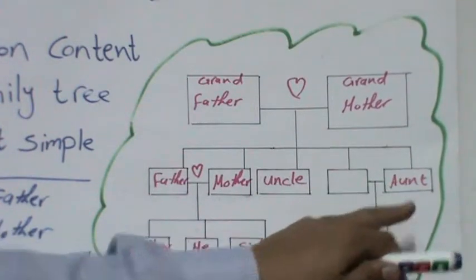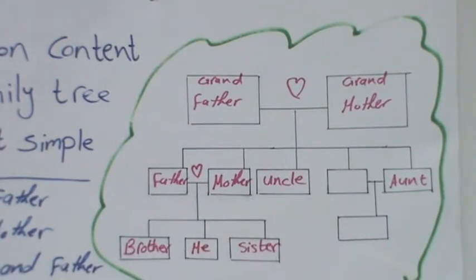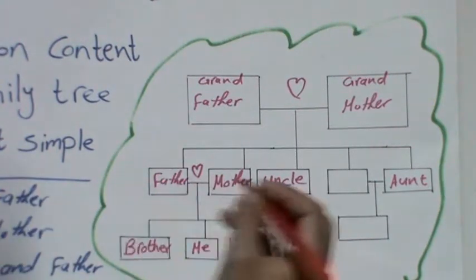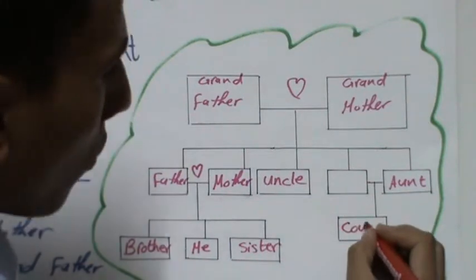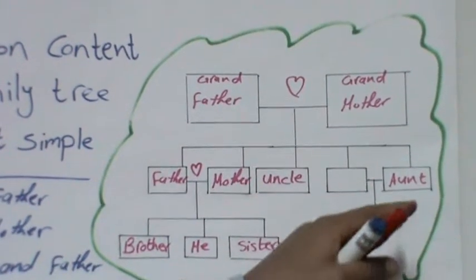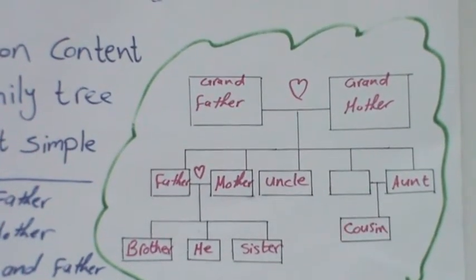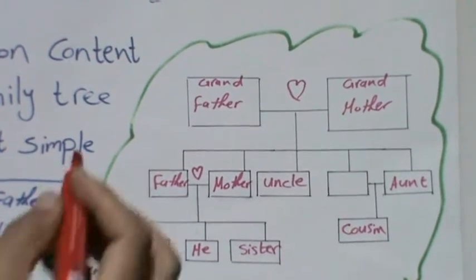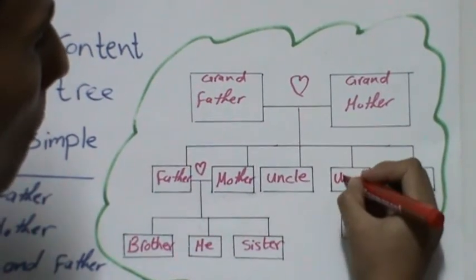And your aunt's son or your uncle's son he is called cousin. So here will be cousin. So cousin is a boy or a girl. So it's okay for boys and girls. Okay? And your aunt's husband he is your uncle also. So here will be uncle.